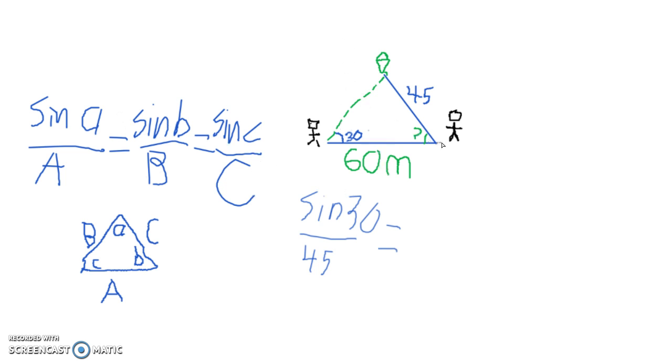Now, we could just say that it is equal to this right here, but we don't know the values of this side right here or the value of this angle. However, we do know the value of this side right here.